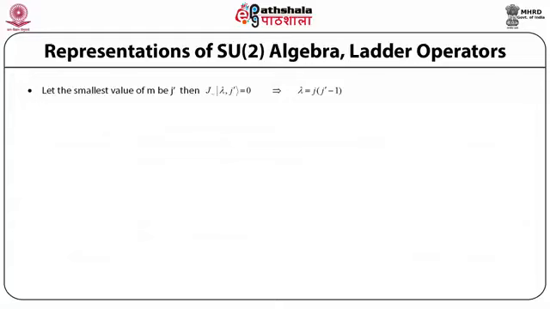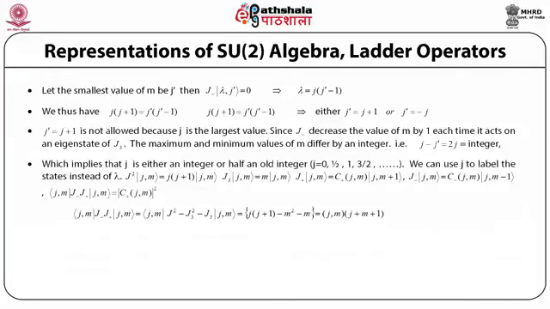It cannot be further lowered, which implies that lambda is equal to j prime into j prime minus 1. Thus, we have j into j plus 1 is equal to j prime into j prime minus 1. That means that either j prime is equal to j plus 1 or j prime is equal to minus j. But j prime equal to j plus 1 is not allowed, because j is the largest value already.